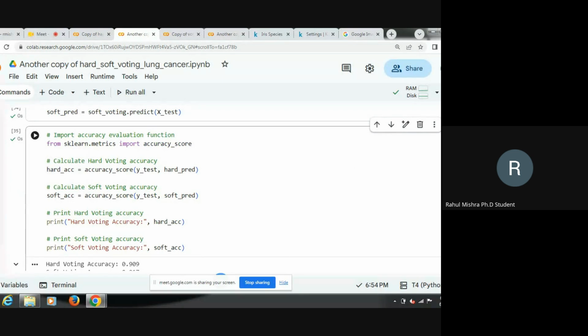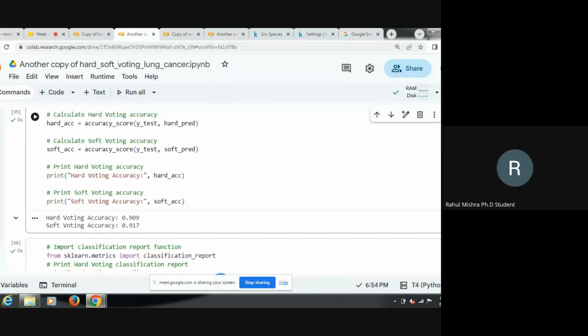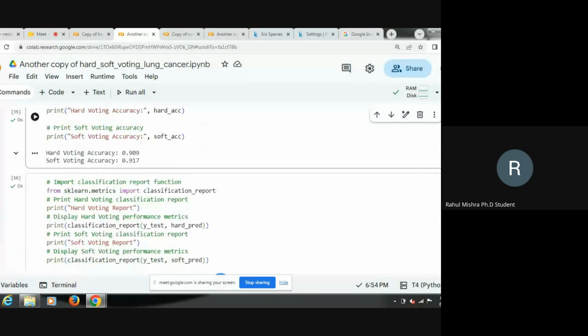It is a random data set, it depends on the data set, and we can see here that soft voting accuracy is slightly higher than the hard voting classifier. As we have seen in the lecture section, soft voting is generally preferred because it is probability-based voting. And in the practical example also, we see that it gives higher accuracy.